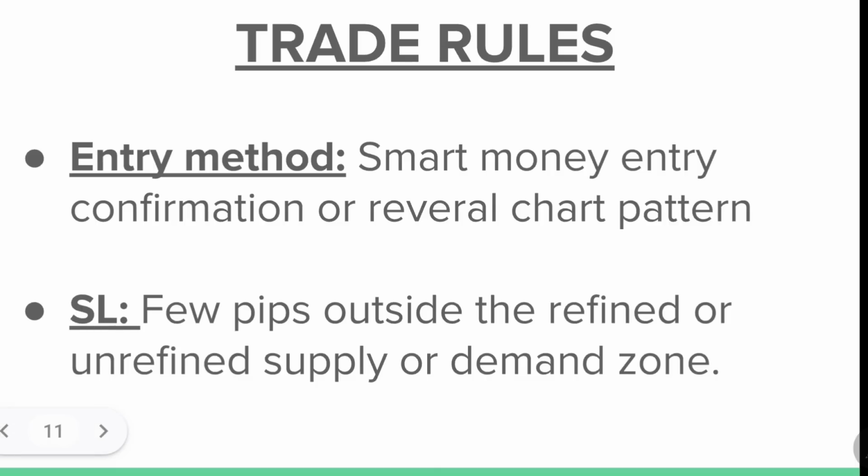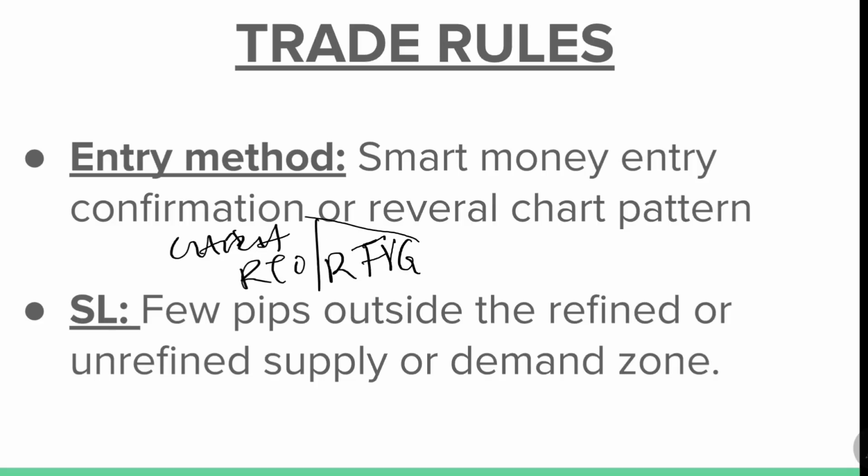Now for the entry method, the entry confirmation is smart money entry confirmation, or any of the reversal chart patterns. I've said it already: you are using change of character and return to order block, or return to FVG. These are our entry criteria for the smart money strategy.